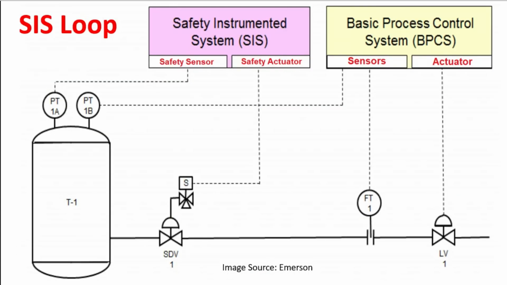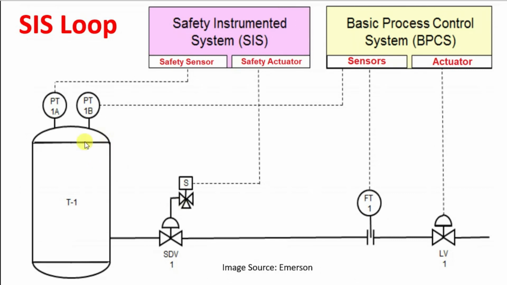This is depicted in a different way. On the process vessel, there are pressure measurement transmitters PT 1A, 1B. These are the tag numbers, used to identify the instruments. Here it is shown for two different systems. One is the safety instrumented system with one pressure transmitter sensor and one on-off valve actuator.